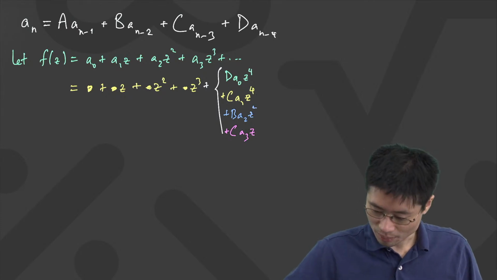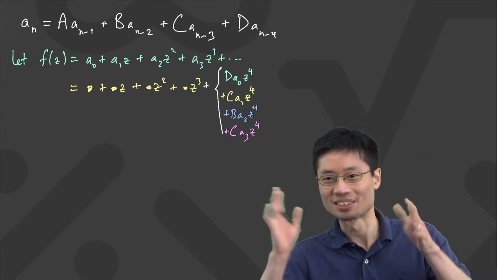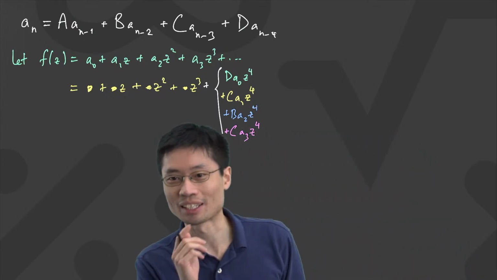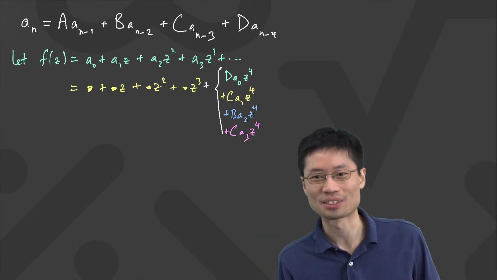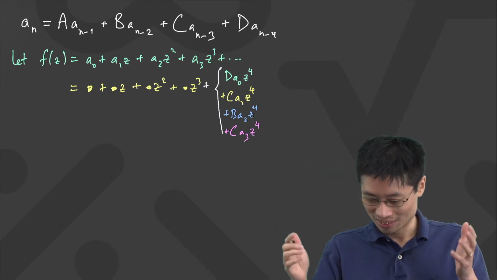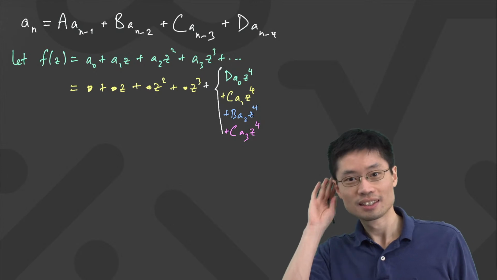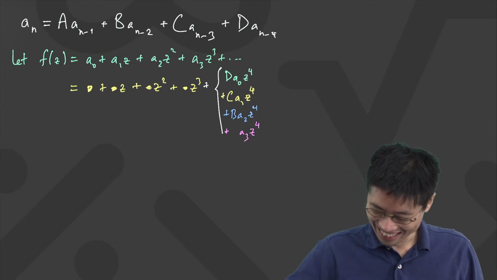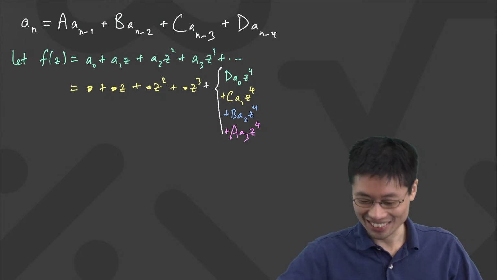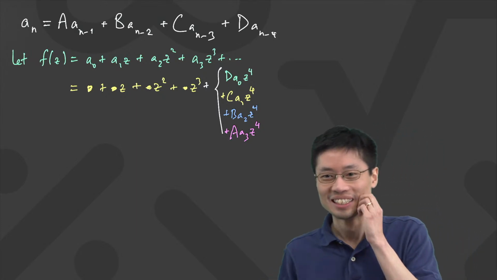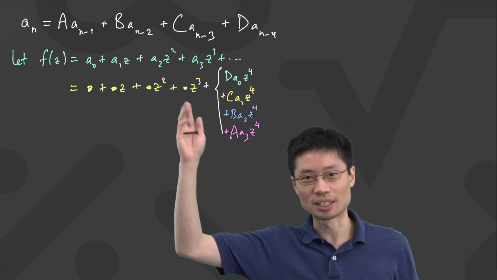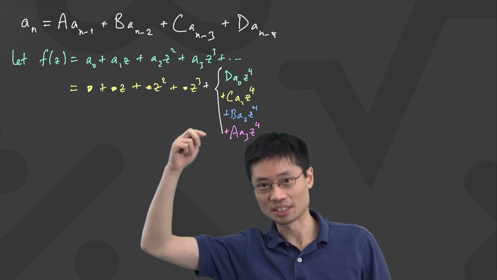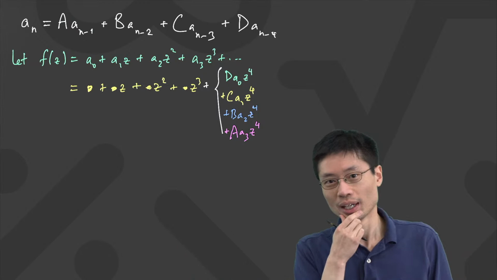Sorry, guys, because this should be the z to the 4th term. It's very hard for me to count. Yes, Abby, thank you very much for correcting. It is z to the 4th throughout. And the coefficient should be A instead of C. Thank you, we're good now. This should be whatever those coefficients are; keeping track of the indices is tough.